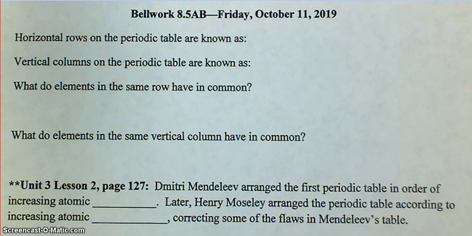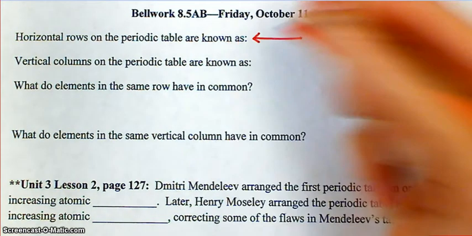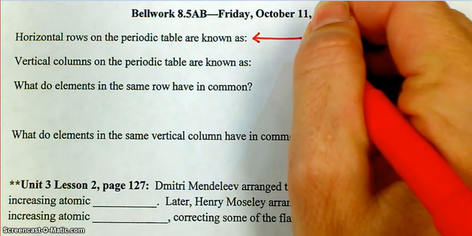Okay, you're using Unit 3, Lesson 2 to help you. Horizontal rows on the periodic table are known as... use Unit 3, Lesson 2 to help you. Gunnar, those pages are what? 128, 129? Yeah. Okay, guys, 128, 129 will be very helpful.